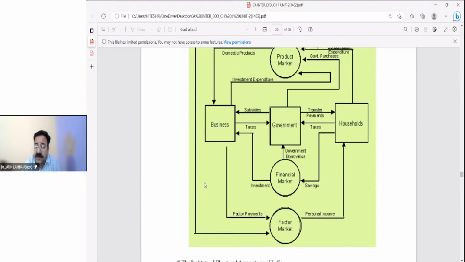Why are they paying the household? Because the households are providing factor services, right? If we take both things, there will be so many arrows and it will be a hodgepodge. So by using the minimum arrows, we can explain this, right? Is it clear?